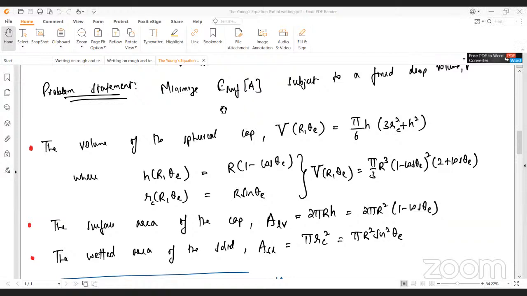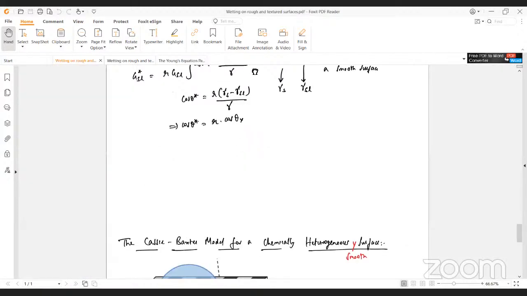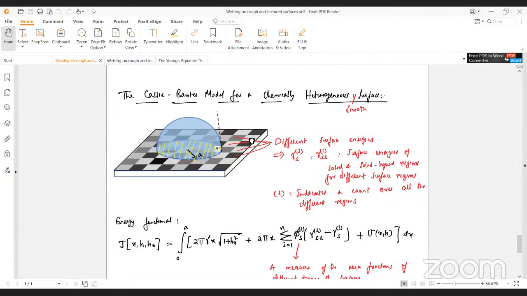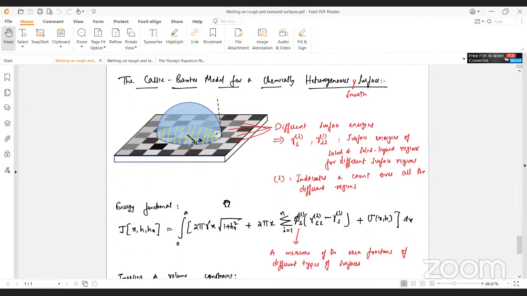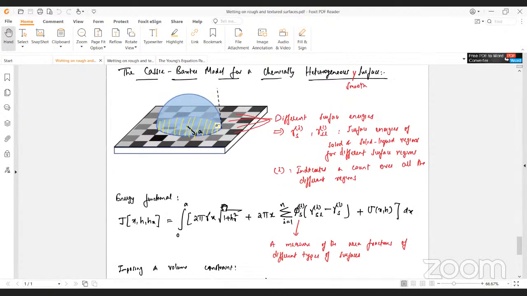Sir, just one clarification, not a question. When we were discussing the Cassie-Baxter model, we had these patches of different surface energies at the solid surface, like this checkerboard. We were saying that every patch has a different surface energy associated with it.